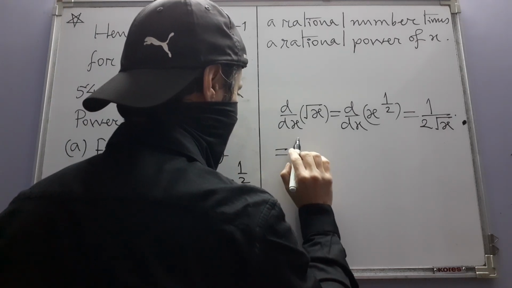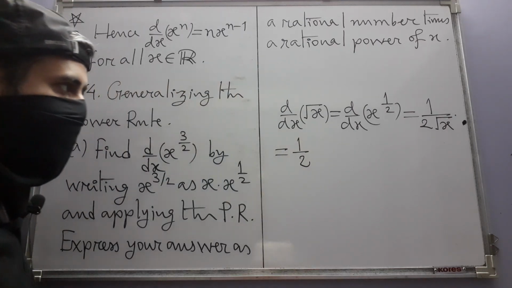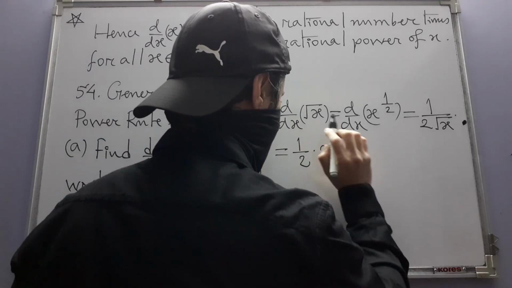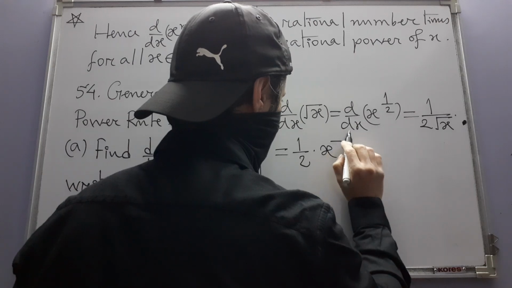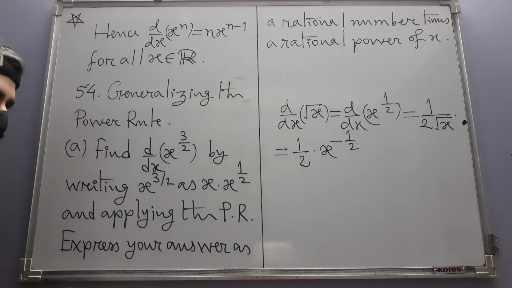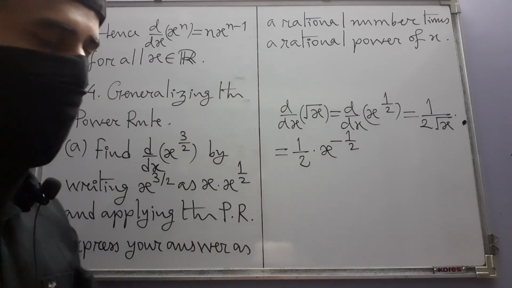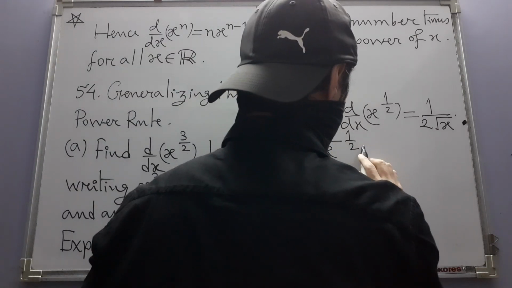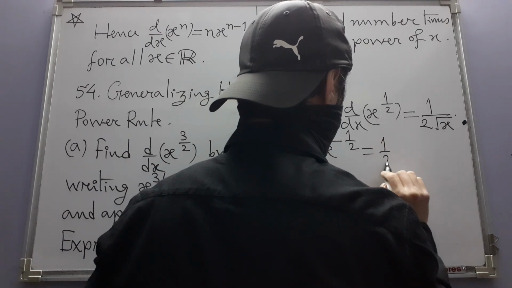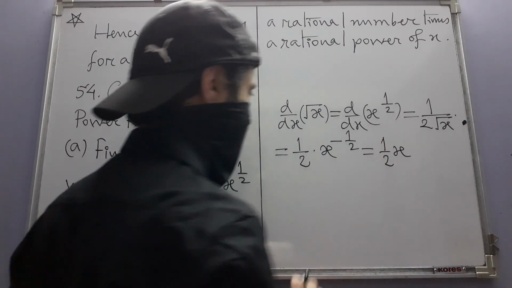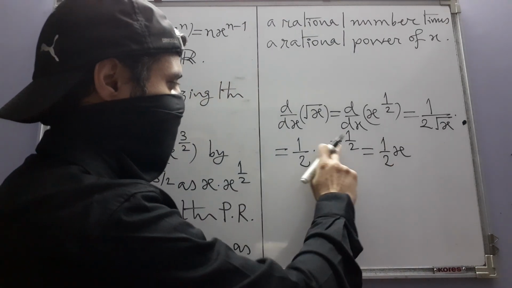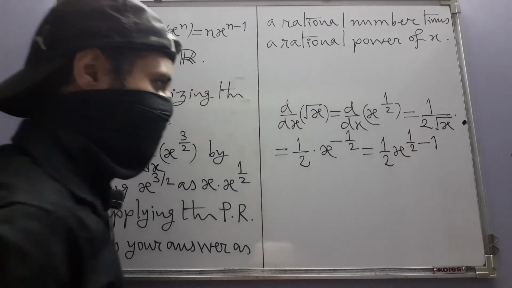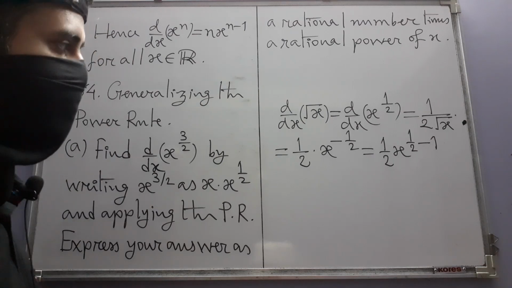A rational number 1 over 2, times x to the power minus 1 over 2. This is a rational power of x, where the exponent is this. Note one nice thing, that you can also write this as 1 over 2 minus 1, and 1 over 2 minus 1 is minus 1 over 2.